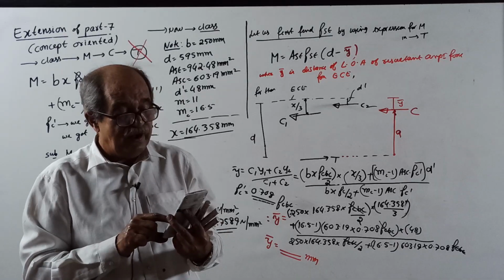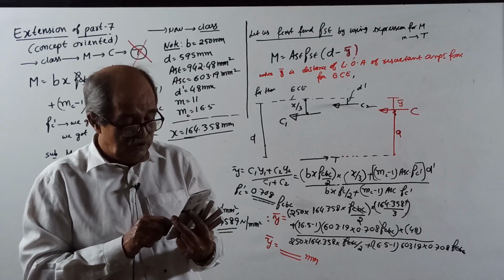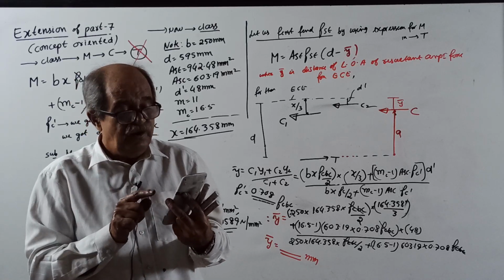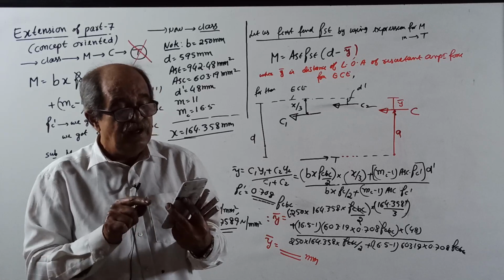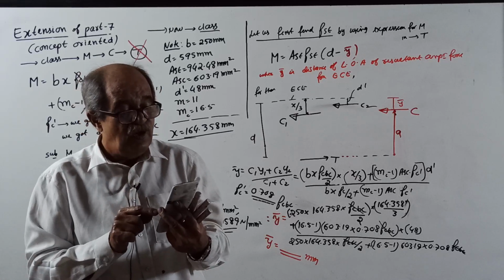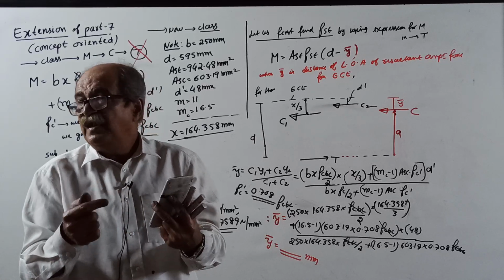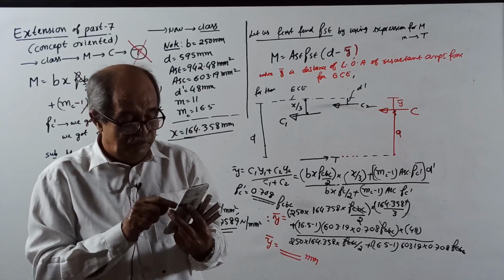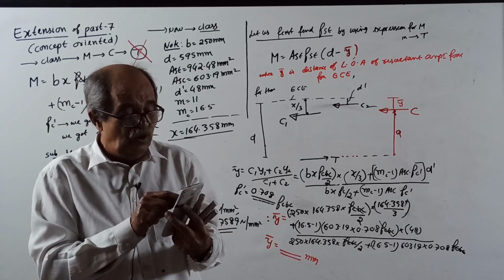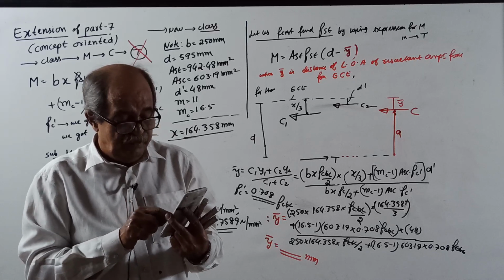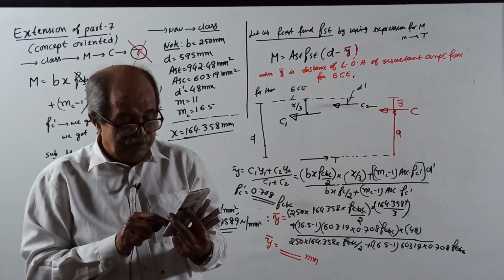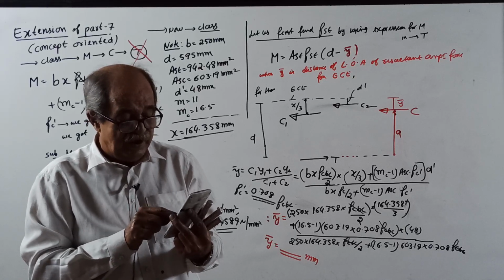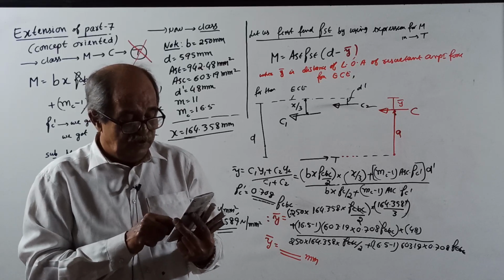Oh, something went wrong there. 603.19, mc minus 1 asc into fc dash, which is 0.708, into distance d dash 48, divided by bracket 250 into x into fcbc by 2, plus mc minus 1 into asc 603.19 into 0.708.